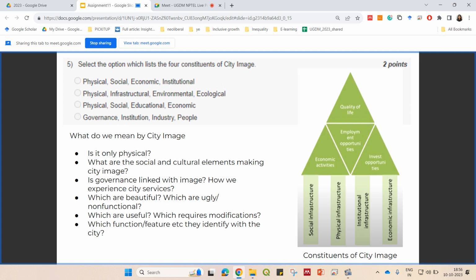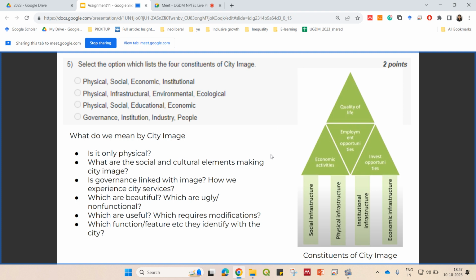For any livability index, or the different components which make a city smart, or what you need to focus on while making smart cities or while improving city image, these are very similar, so you might remember this from earlier discussions also.